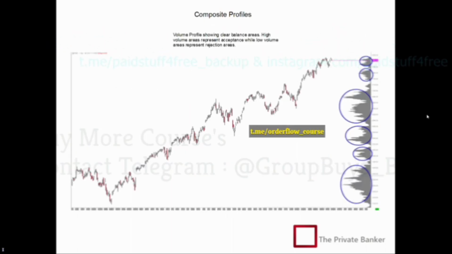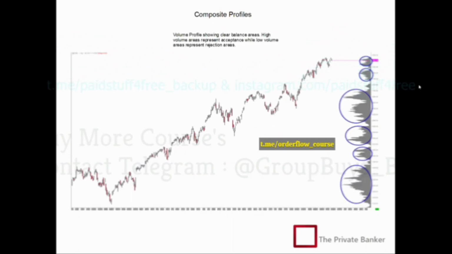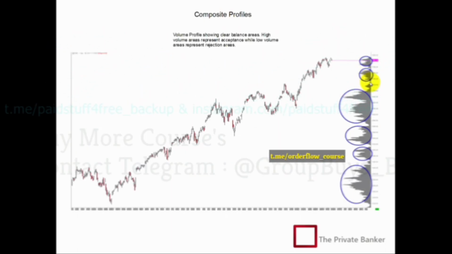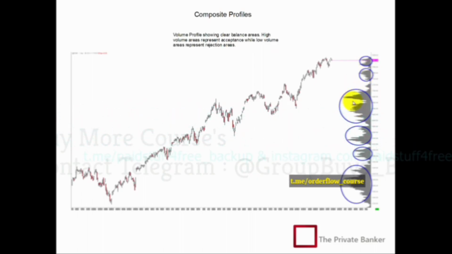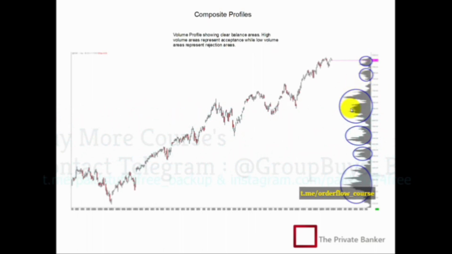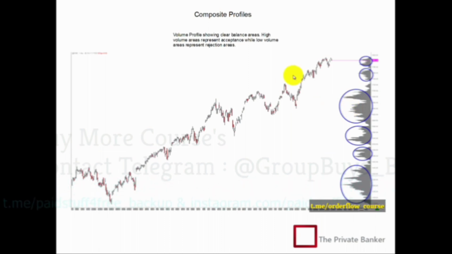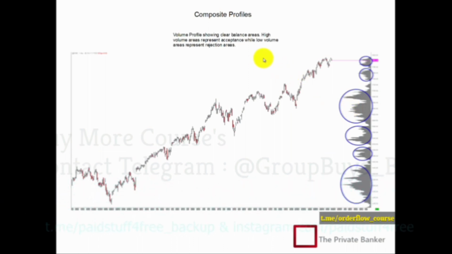So we've talked about rotations between composites and clear high volume areas and low volume, or low TPO, areas. Let's take a look at some volume composites now as well. Again, this is the S&P contract, the ES, on a daily bar chart, regular trading hours, RTH.